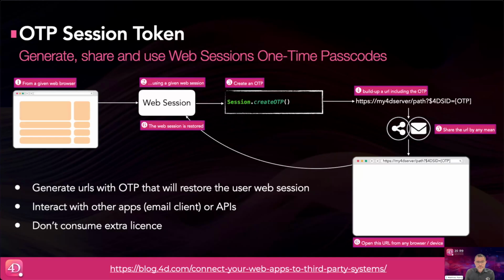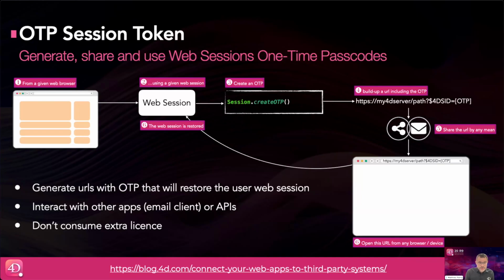You just have to create a one-time passcode, OTP, tied to a specific session. This OTP can be used in a URL you generate for the user to open or for a callback. When this URL is used, the server will safely retrieve the original session and won't consume any extra license.